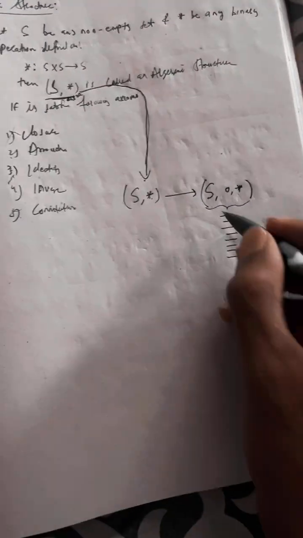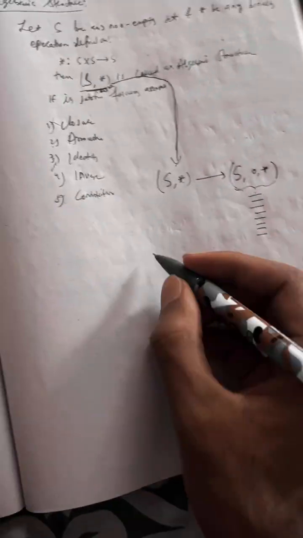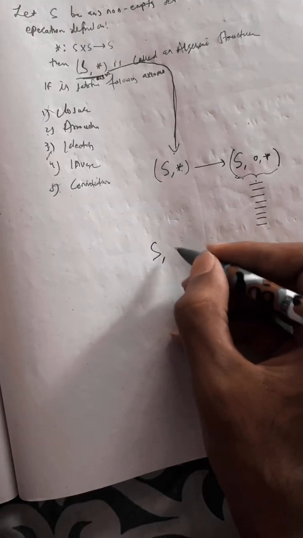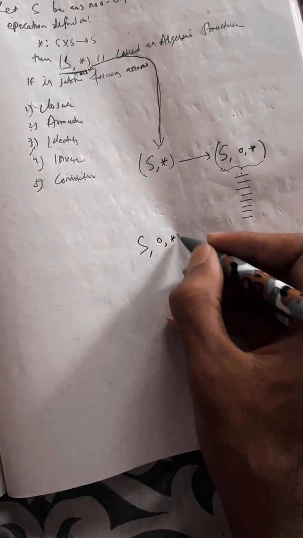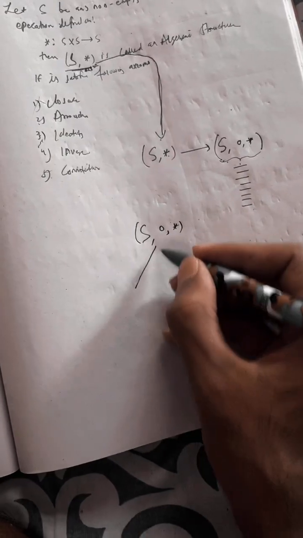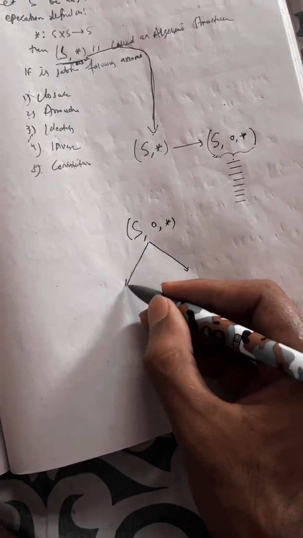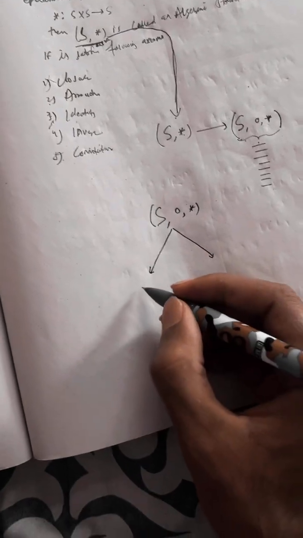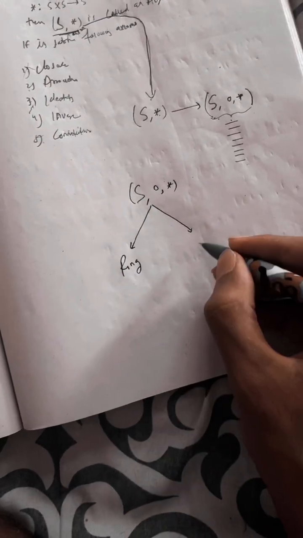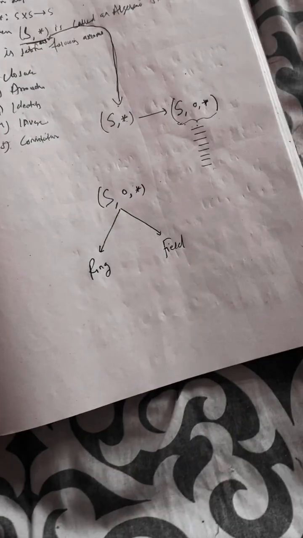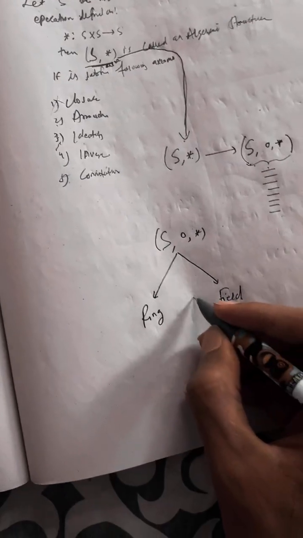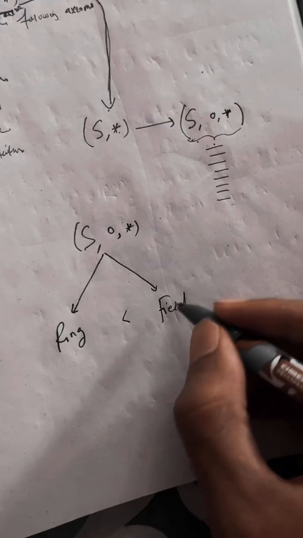Based on what kind of axioms this structure, S with some operation O, some operation star, satisfies, we have a name for it. It could be either a ring or a field. Field is more powerful than ring. We have to see this. Okay, field is more powerful than ring. What is field?